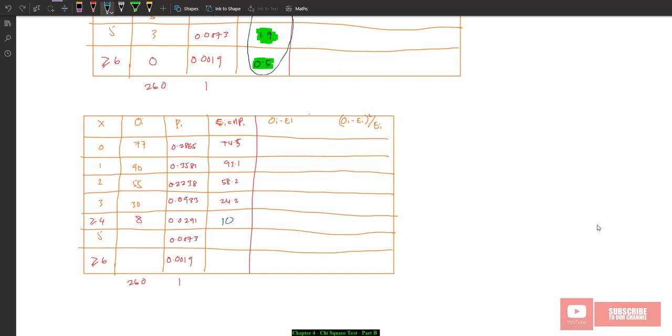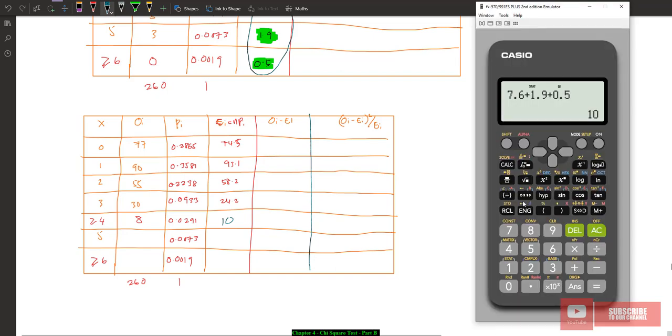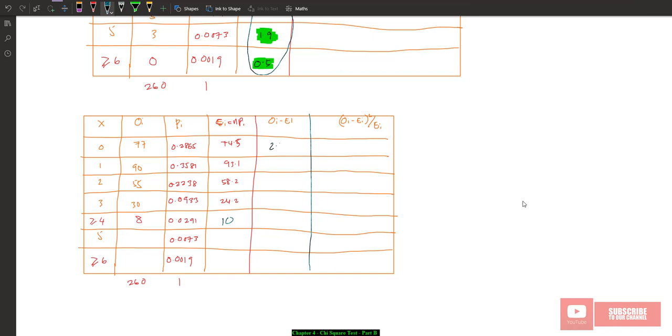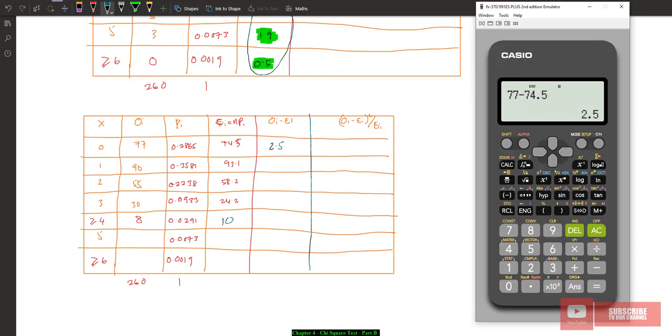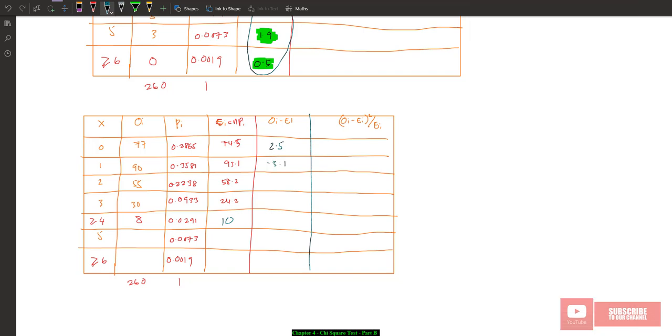So then what we need to do is we're going to calculate the value of observed frequency minus the expected value. So the first value is 77 minus 74.5. So this is going to be 2.5. And the next one is 90 minus 93.1 should be negative 3.1, right?